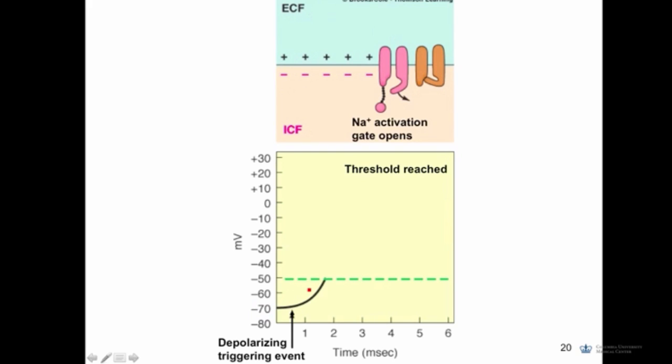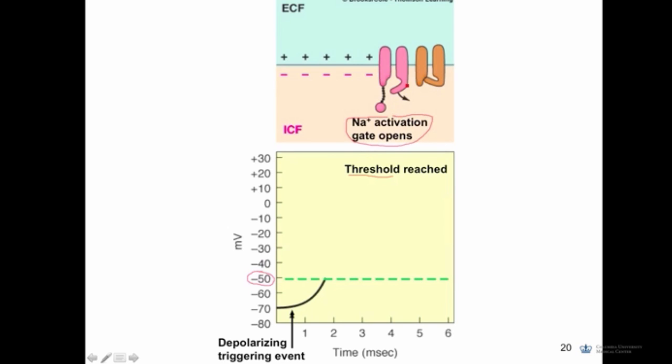And the triggering event depolarizes the cell to threshold. So this minus 50 threshold, the reason why it's so special, the reason why it is the threshold, is because it happens to be the average voltage that opens up these voltage-gated sodium channels.